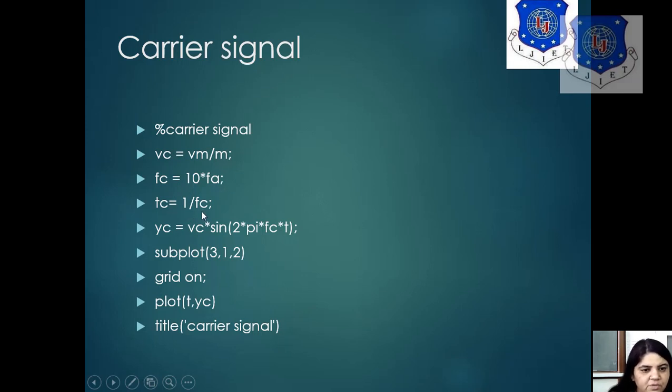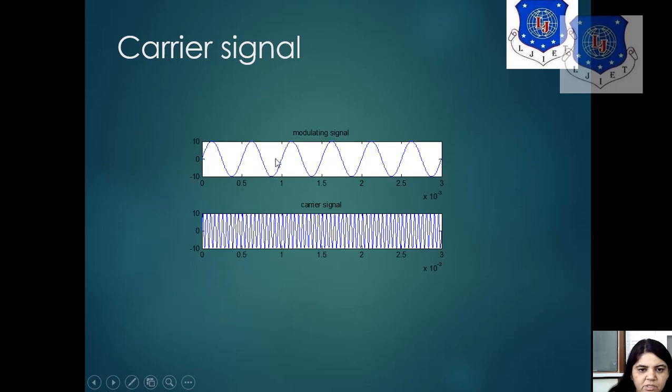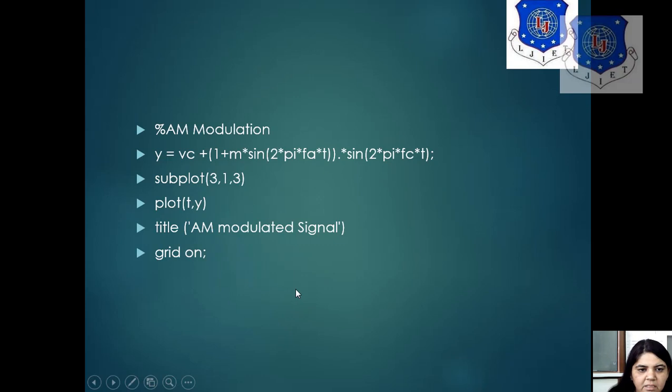Tc time is equal to 1 by Fc. Yc is equal to Vc sine 2 pi Fc t. In the subplot command, I said 3, meaning the plot is divided into 3 parts. 1 means the one column, and 2 means the second figure. So here you can see the modulating signal and carrier signal.